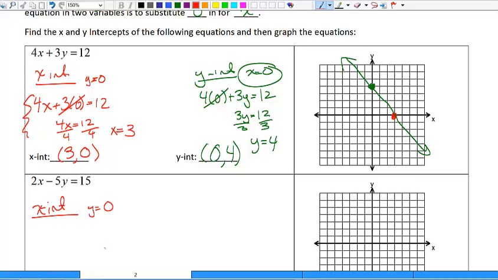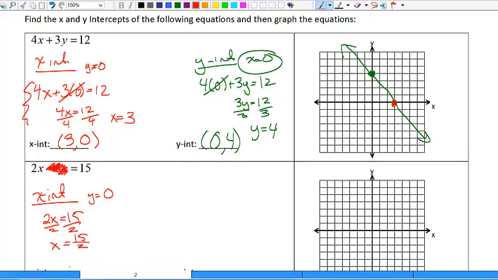So, if I just want to use the cover-up method, I want you to put your finger over the y coordinate because negative 5 times y, which is 0, is 0. So if we just cover this up, then I have left 2x equals 15. Now, if you could solve that in your head by dividing both sides by 2, you can get x equals 15 halves, maybe without even writing anything down.